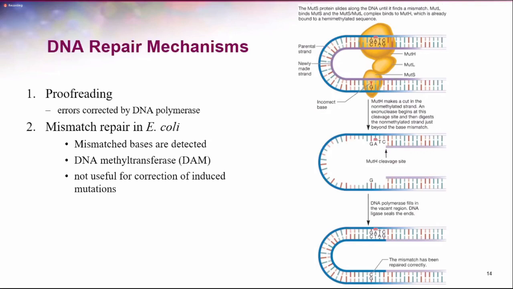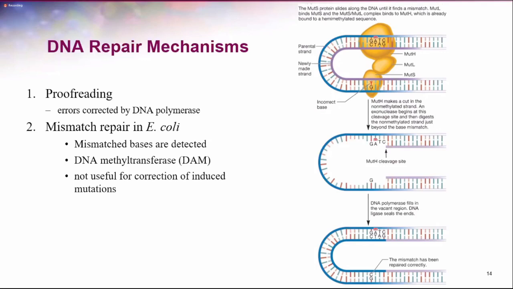Okay, so sometimes when we're trying to induce mutations, like we just talked about induced mutations, we use strains that have a mutation in the DAM gene, so they're DAM minus, okay? Because if they have this mismatch repair system, they will go back and correct the change that we just introduced.